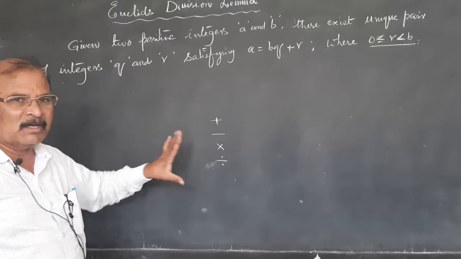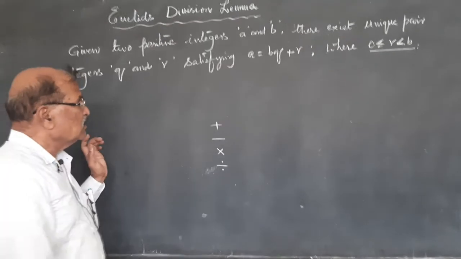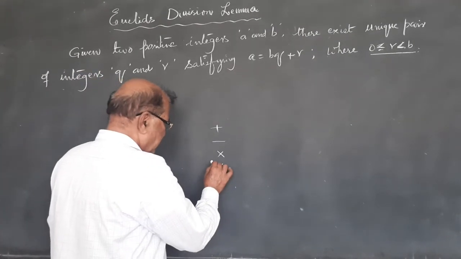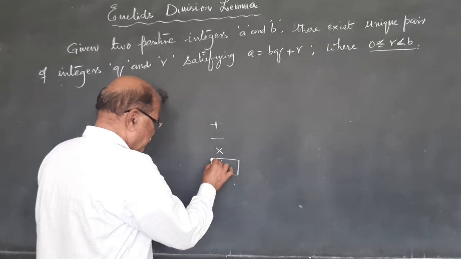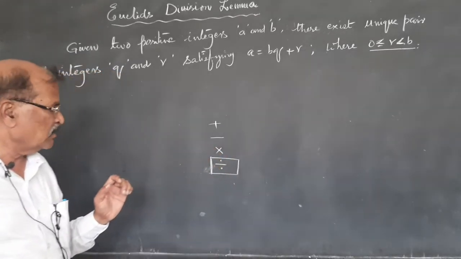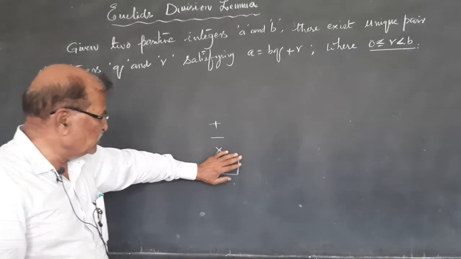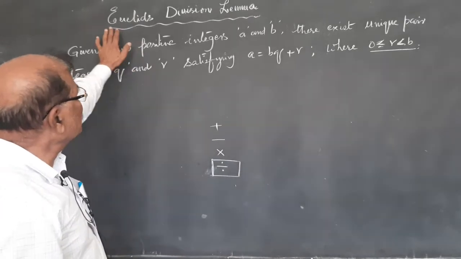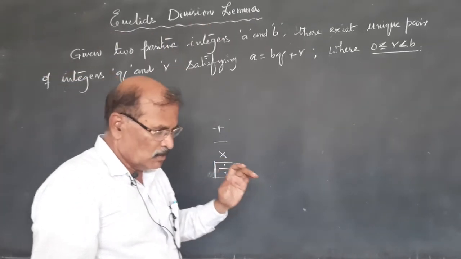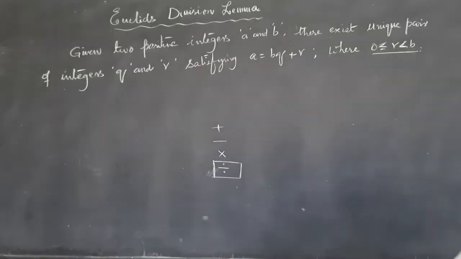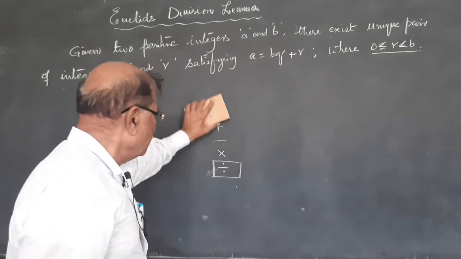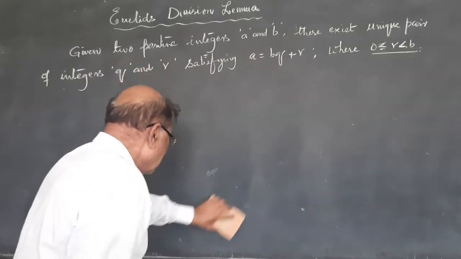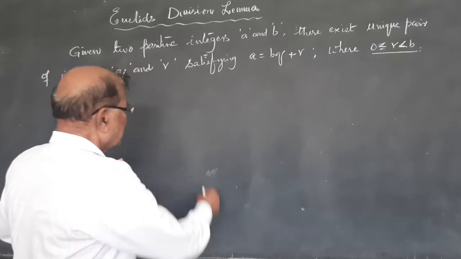Among these four fundamental operations, division has a procedure, which we call Euclid's division lemma, Euclid's division procedure. Before going into that, let us take some examples.